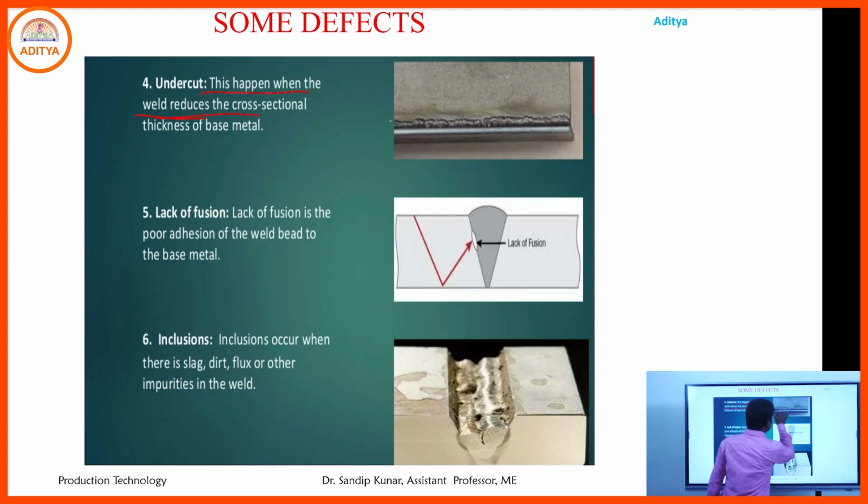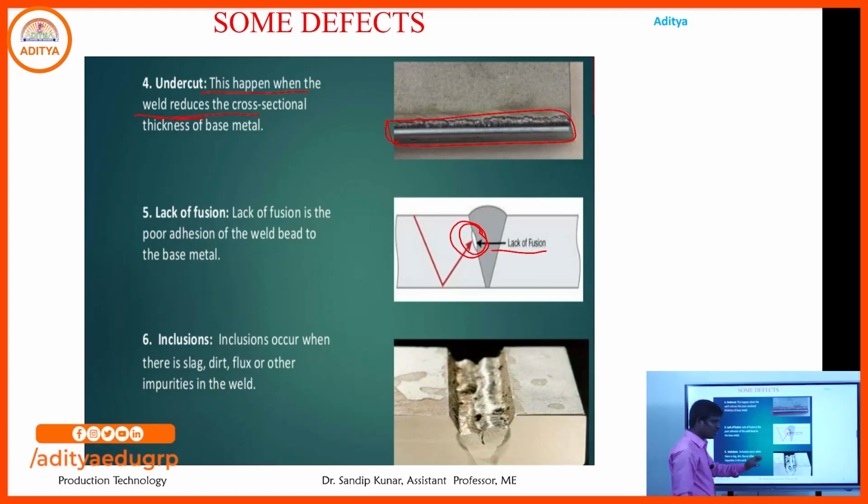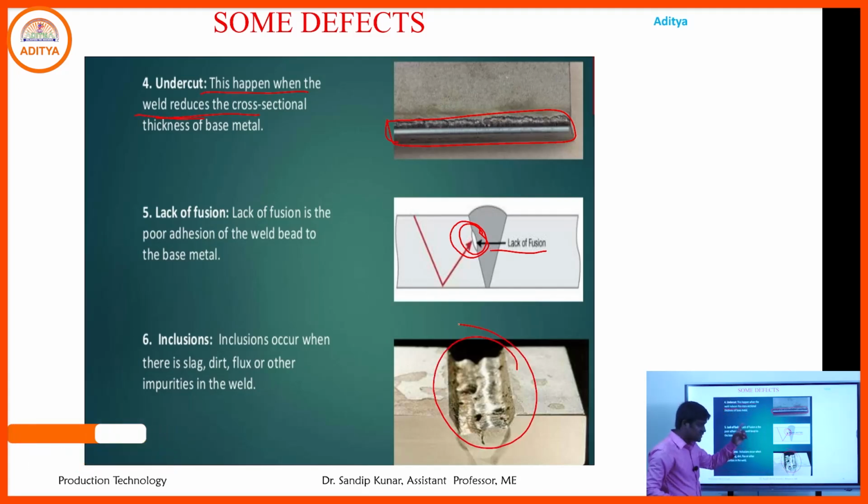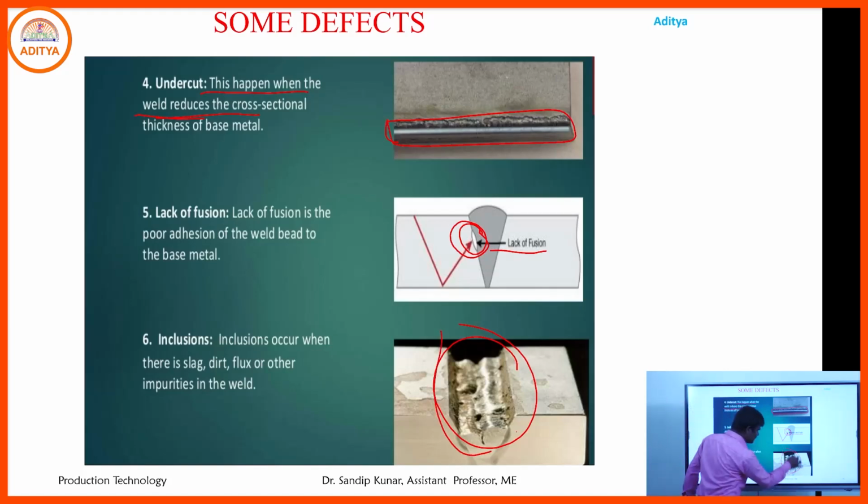Lack of fusion: some part of the welding zone does not fuse properly, so that zone does not weld properly. Another thing, inclusion: sometimes contaminants and impurities get trapped in the welding zone, and that deteriorates the weld quality.